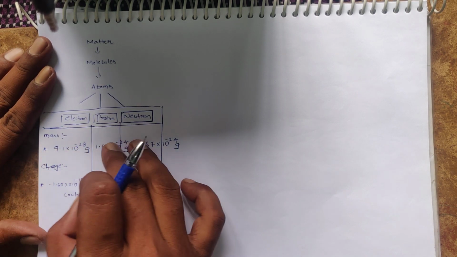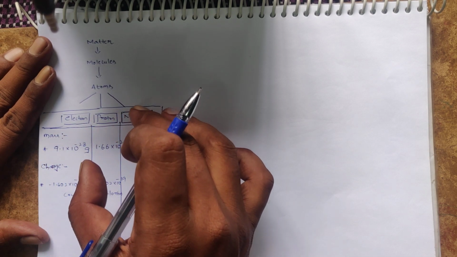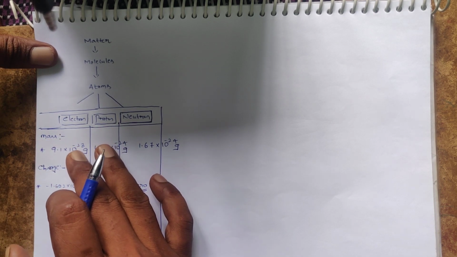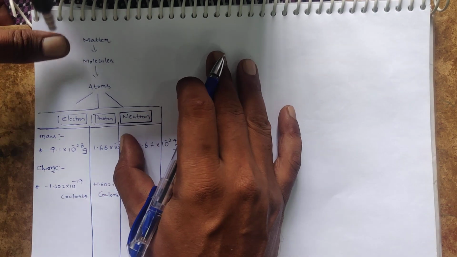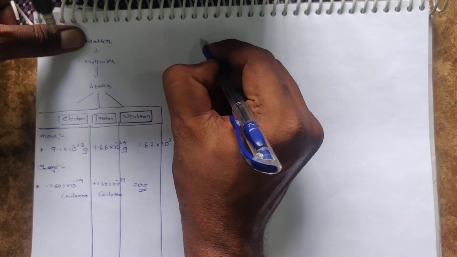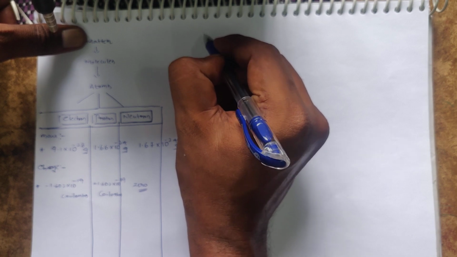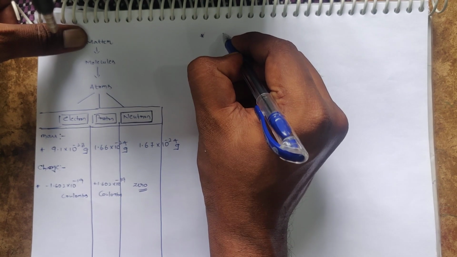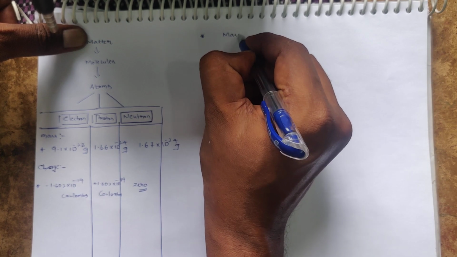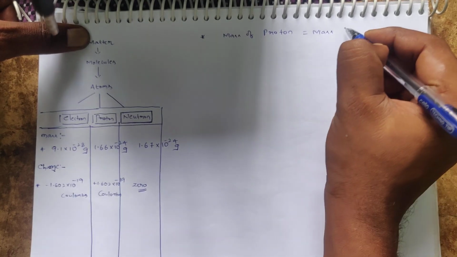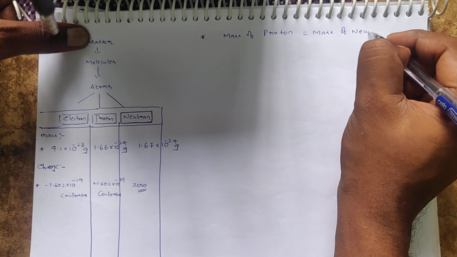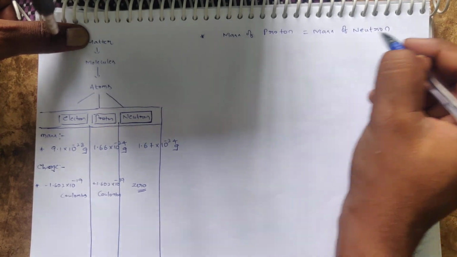Come to the masses of electron, proton, neutron, and try to compare the mass of electron with mass of proton and neutron. Before that comparison, let me tell you one more thing. Here, mass of proton is equal to mass of neutron. What is that value?